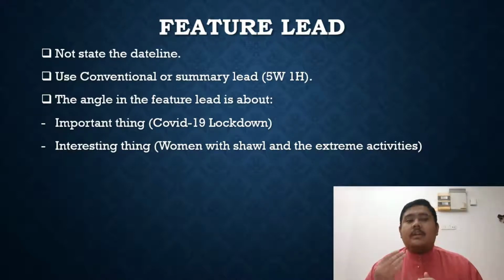So basically, the story about the COVID-19 lockdown is about the important thing. And also the interesting thing, the example in this scrapbook is the story about a woman with shawl and extreme activities. So basically it is about the interesting thing.